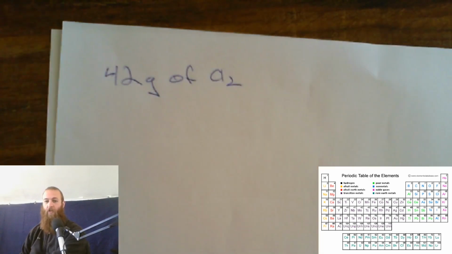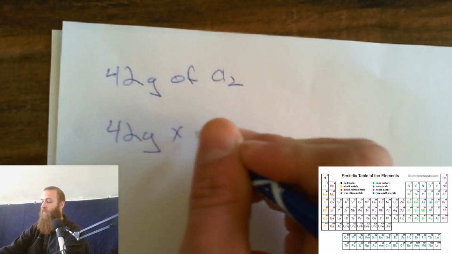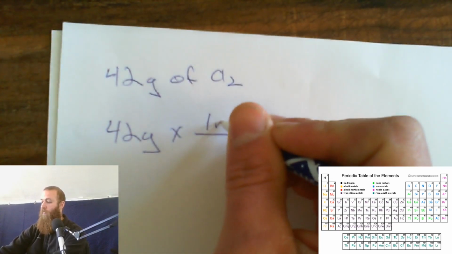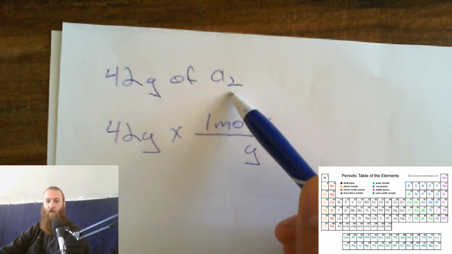All right, Cl2 because it's a diatomic. Okay, so you start with what you know, 42 grams. Get rid of grams, go to moles. You need to figure out how many grams are in a Cl2.